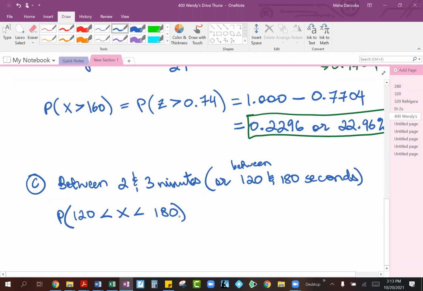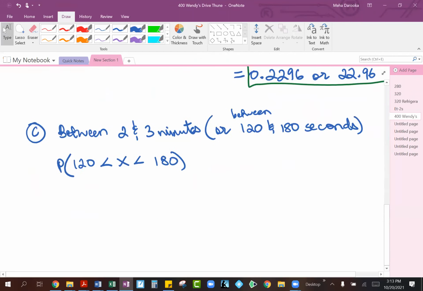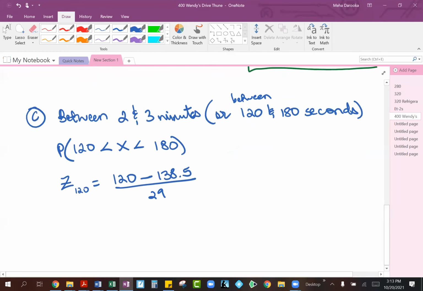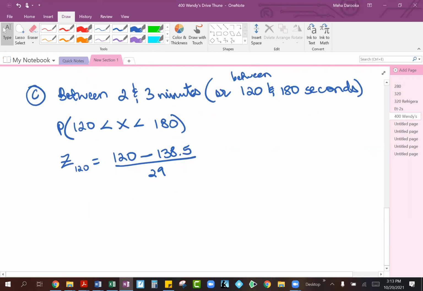So of course, start by finding out your z-scores first. So how about we start with 120? What was it? 138.5 for our mean, 29 for standard deviation. Yeah, 138.5 and 29. And then let's find the z-score for 180 next.